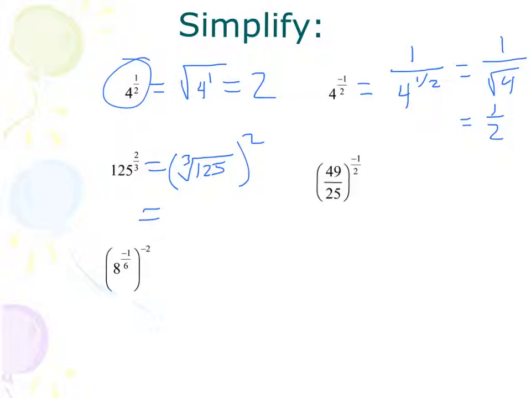So I'm going to take the third root first, and this is kind of the first case where your chart would come up. 5 to the third power is 125. So what's in the parentheses would simplify to 5. That's the cube root of 125. Then I would square, and 5 squared is more manageable.